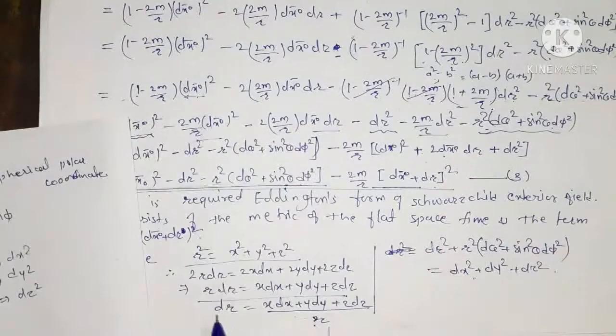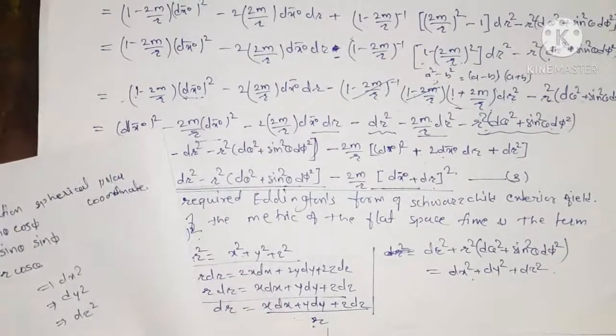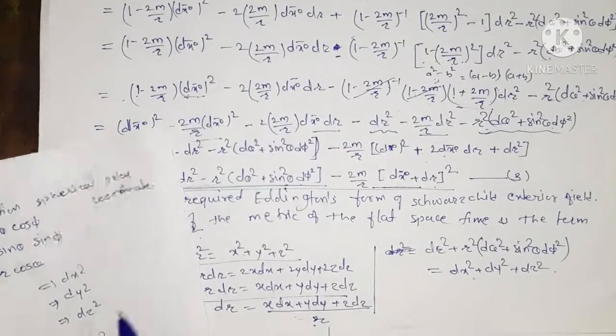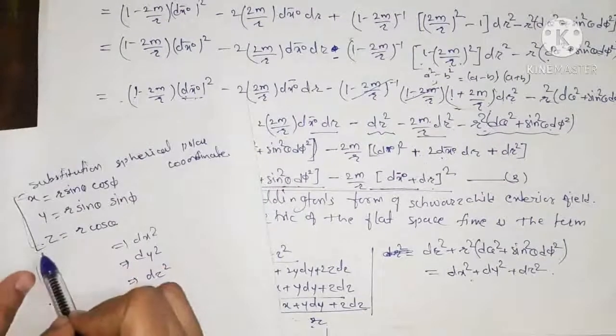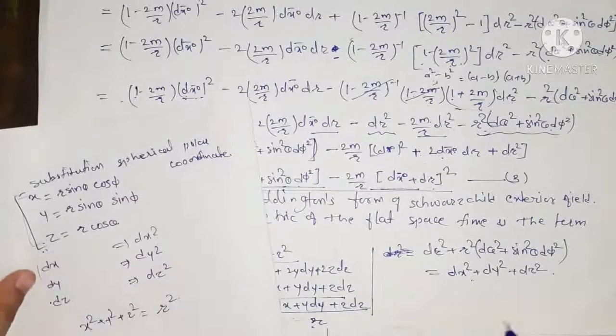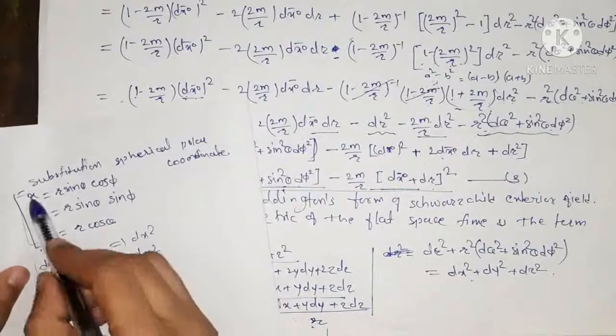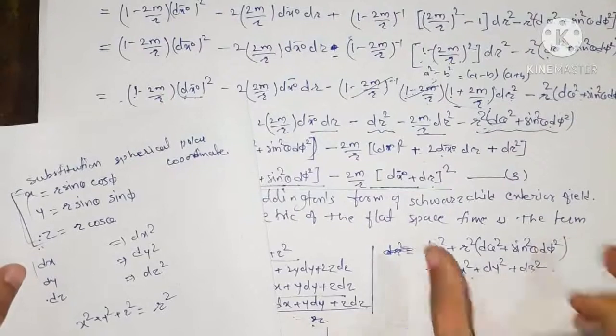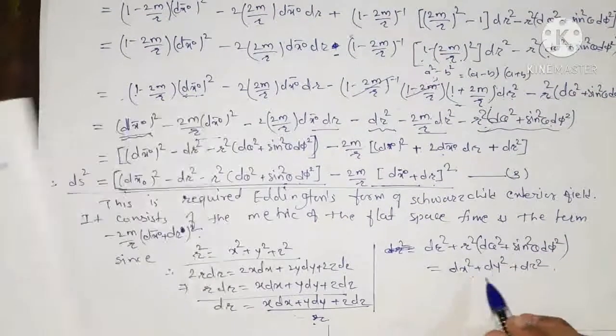Also, if we take x square plus y square plus z square, we get r square from this polar coordinate substitution, right? So you can verify from this substitution that this term equals this term.